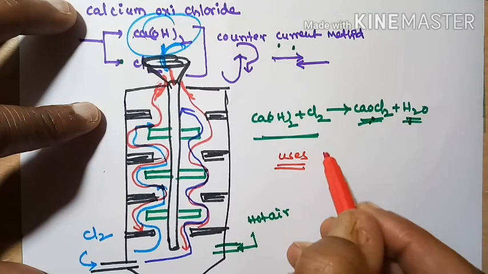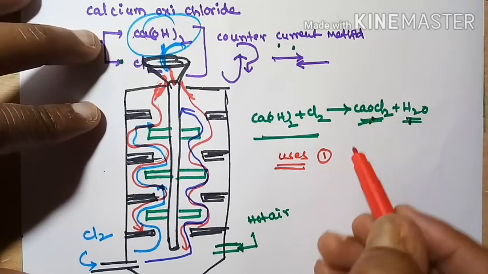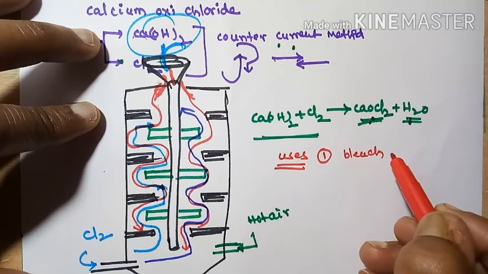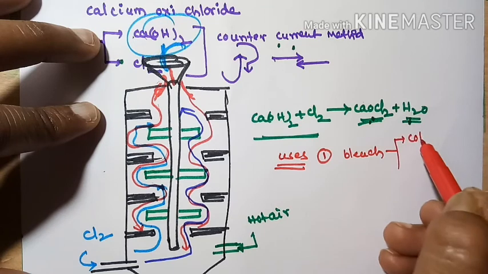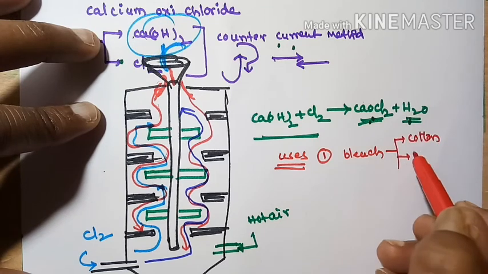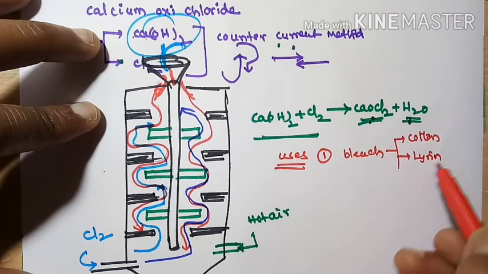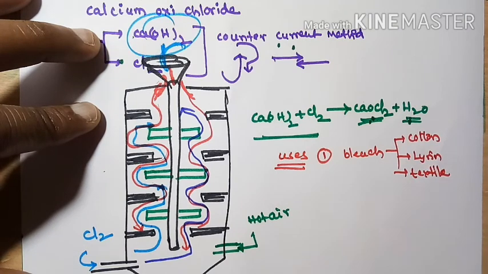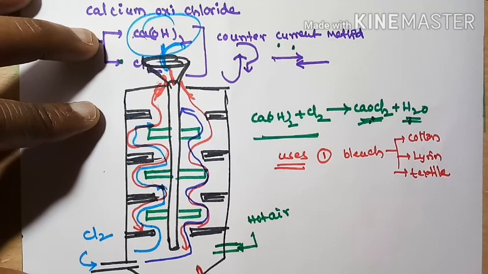The first use: it is used to bleach cotton, linens and textiles, that is, to remove the color.